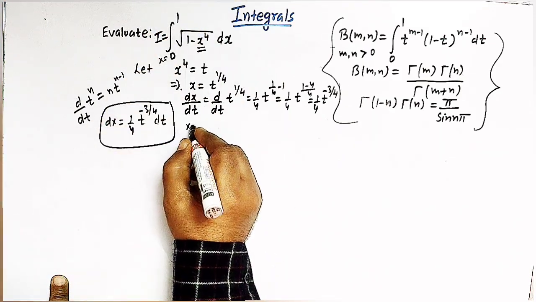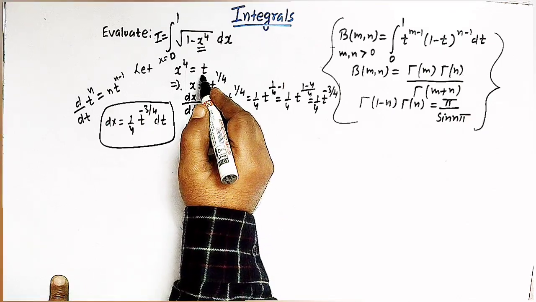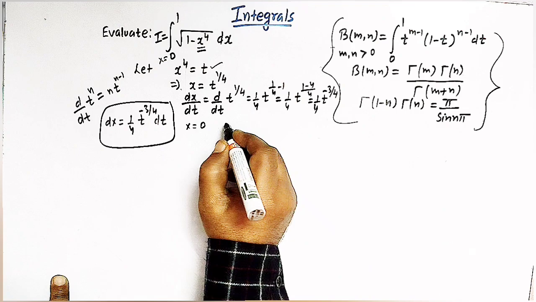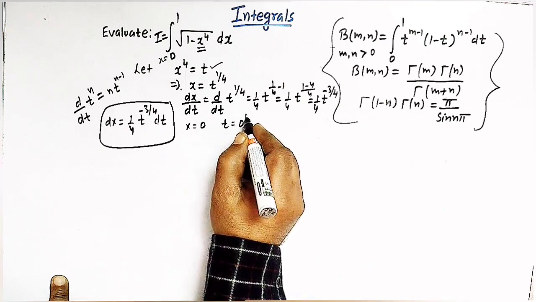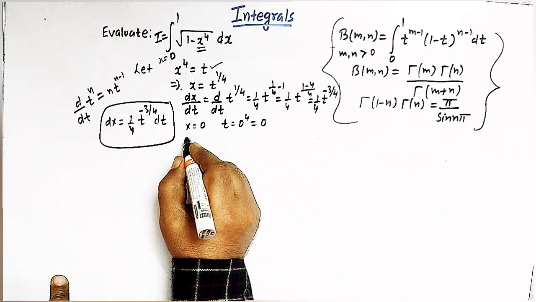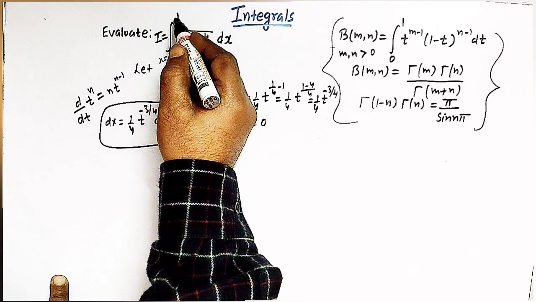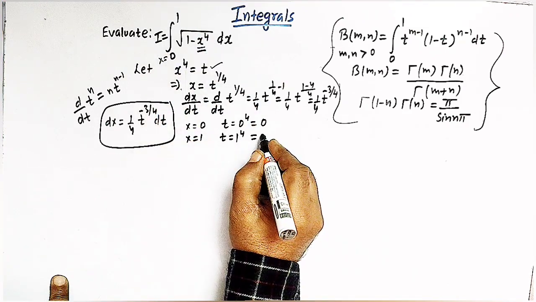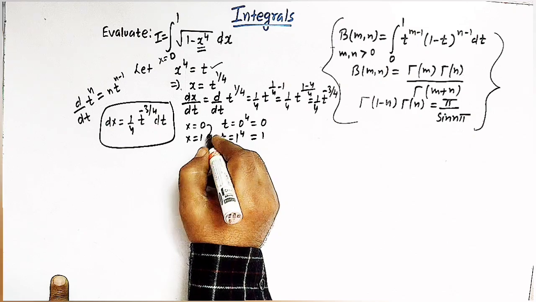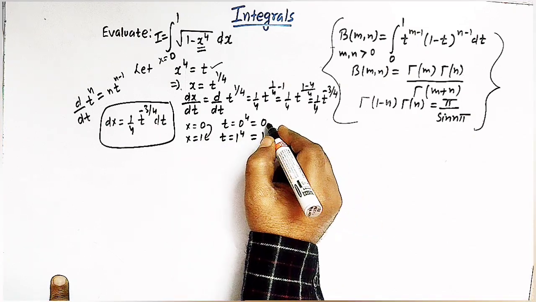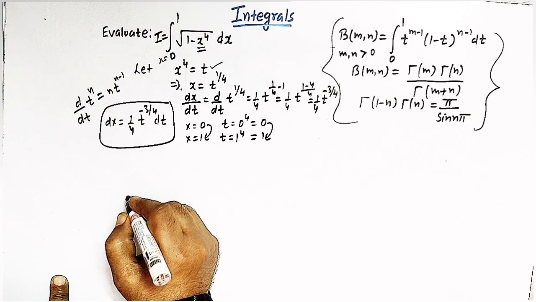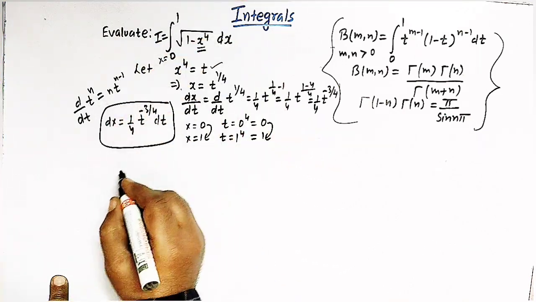So when x is equal to 0, the value of t can be calculated from this relation. So t is 0 raised to 4, that is simply 0. And when x is 1, then t is 1 raised to 4, that is simply 1. So when x goes from 0 to 1, t also changes from 0 to 1. So the limits remain the same.